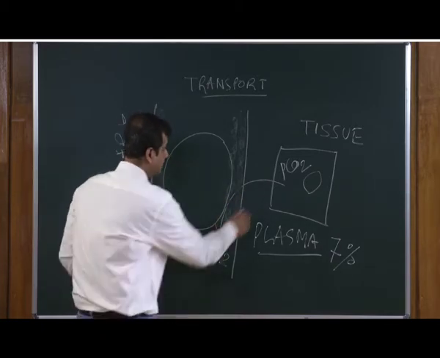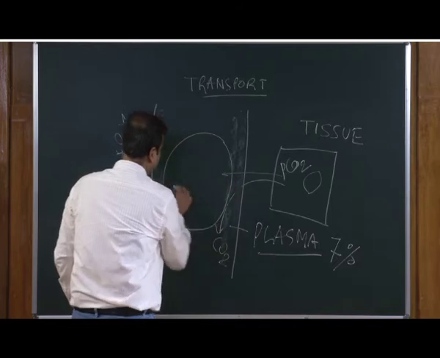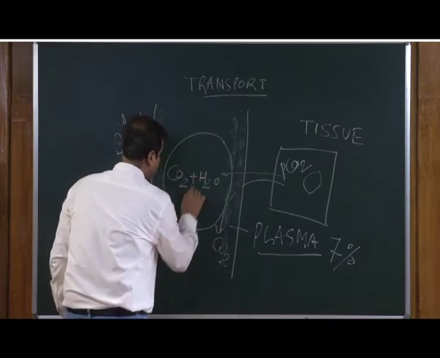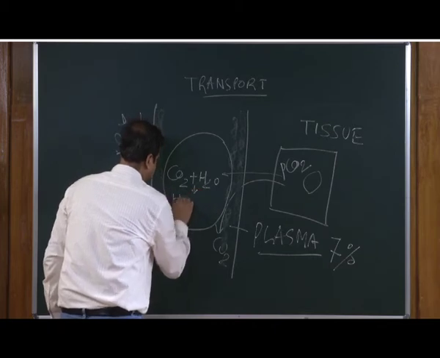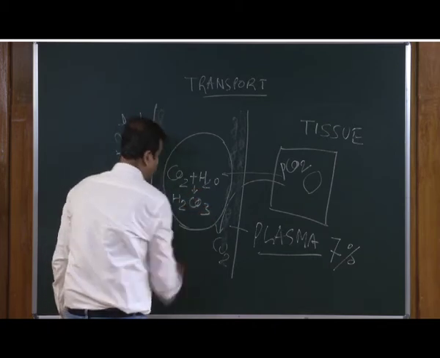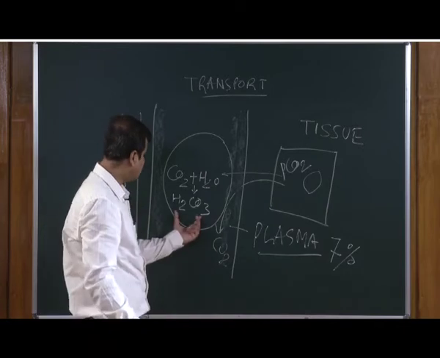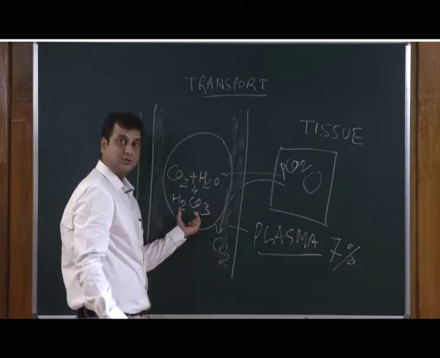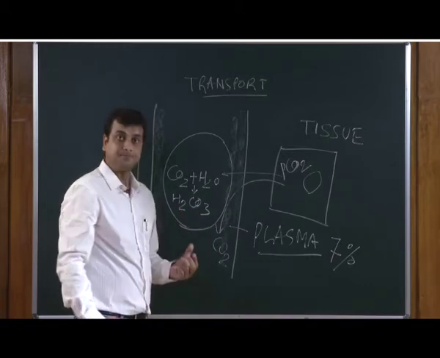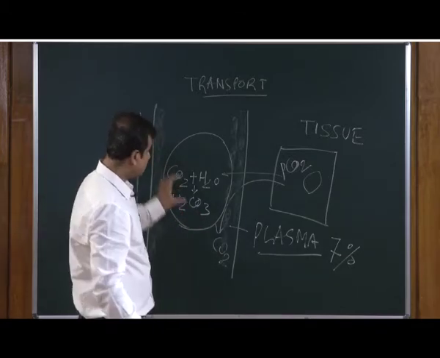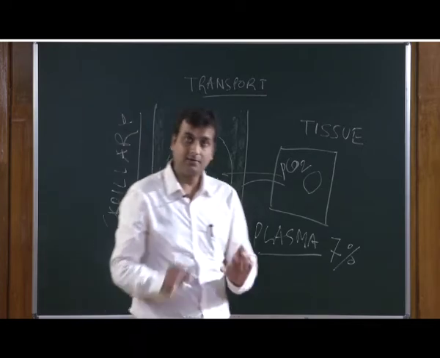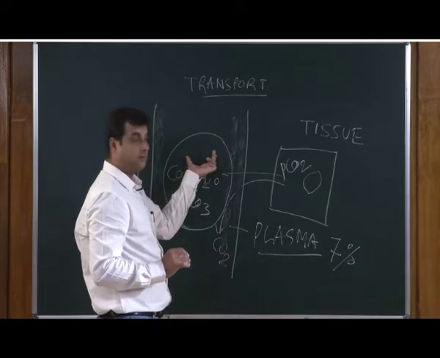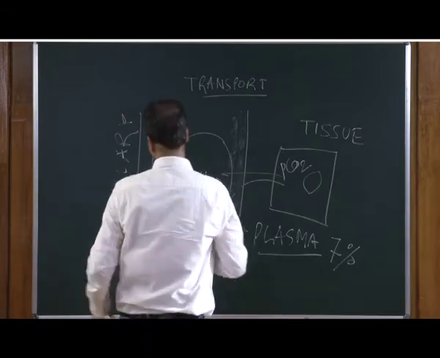So, this carbon dioxide is combined with water, forming a molecule, carbonic acid, H2CO3. CO2 combined with water to form H2CO3, which is carbonic acid. Now, this conversion is very slow in a normal process, but in RBC we have an enzyme which is called carbonic anhydrase.